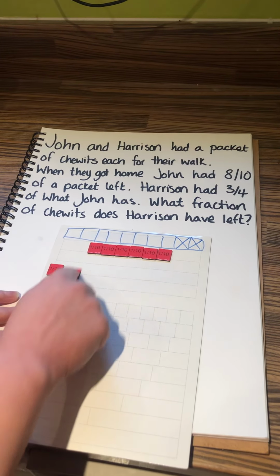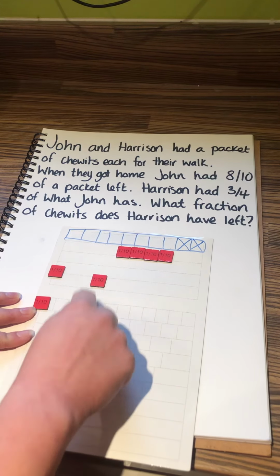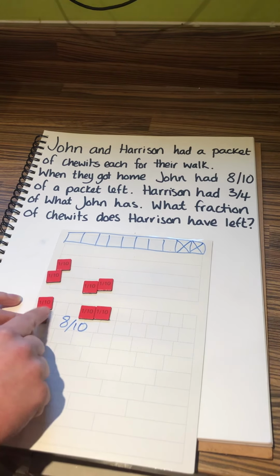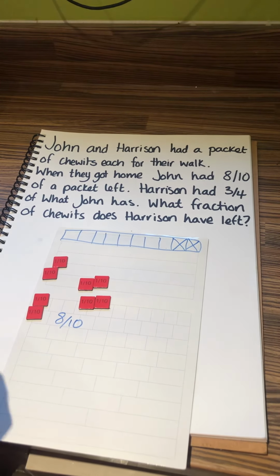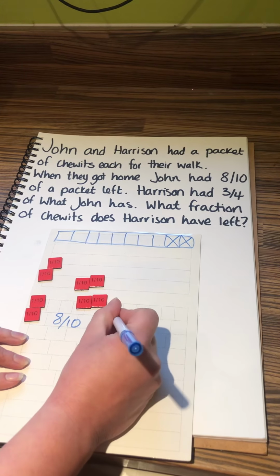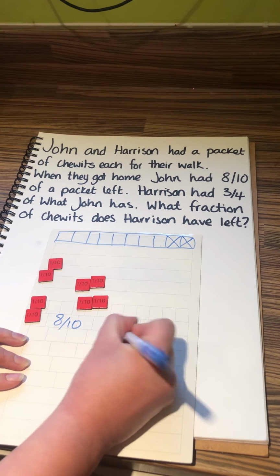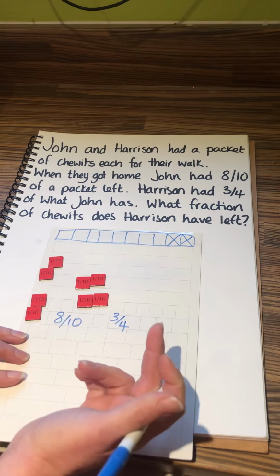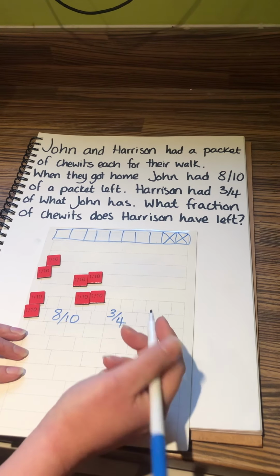So 1, 2, 3, 4. 1, 2, 3, 4. So I'm going to draw their attention back to the problem that we're writing numerically at the bottom. So Harrison had 3/4, and I'm going to ask them what we said multiply was said as in this topic.